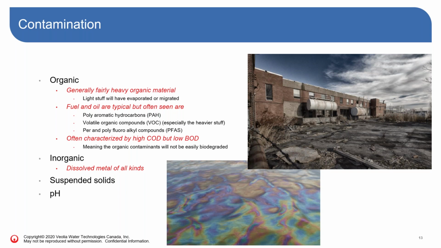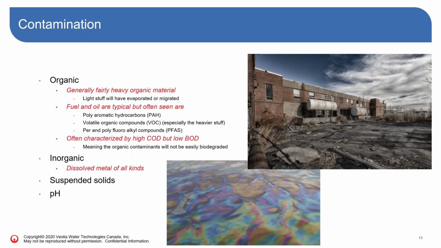Perfluoroalkyl and polyfluoroalkyl compounds, the PFAS, probably have been there for decades, but we are looking for them now, and we find them more and more because those things are not biodegradable. They stay in the ground, so we see them more and more.